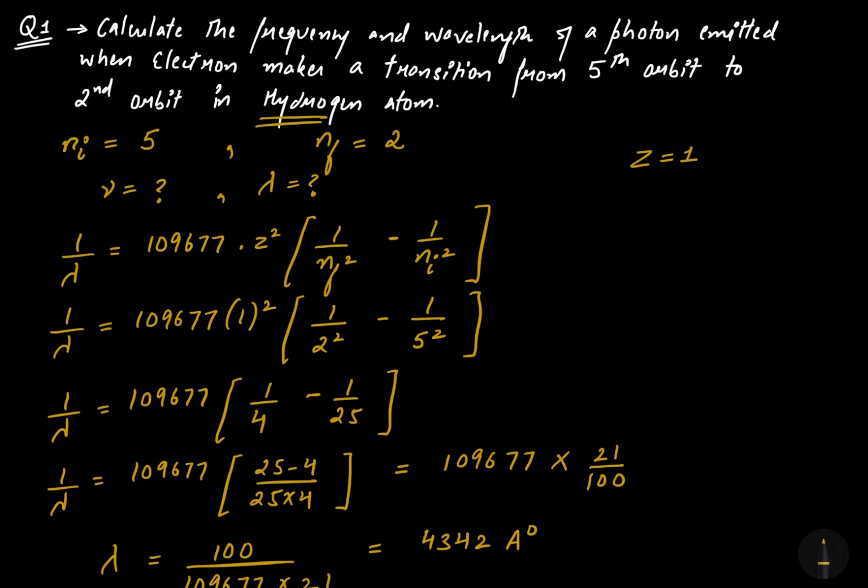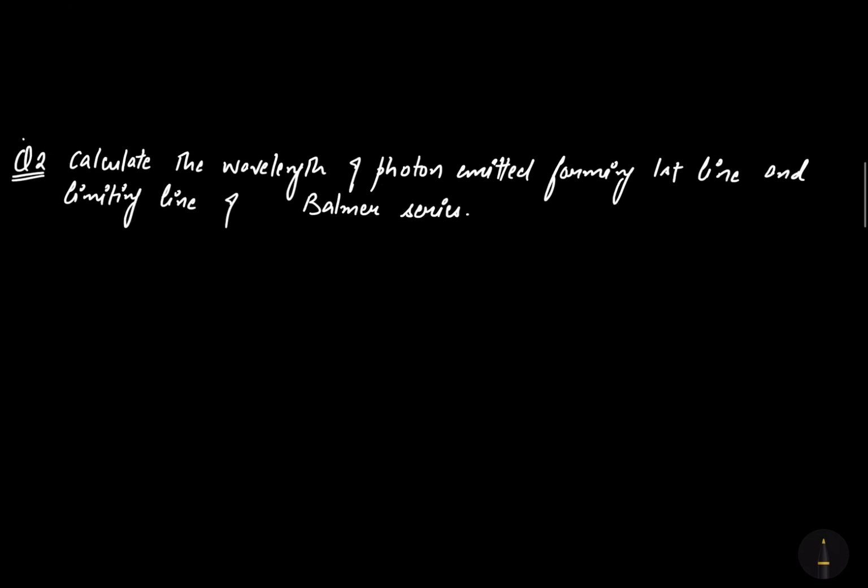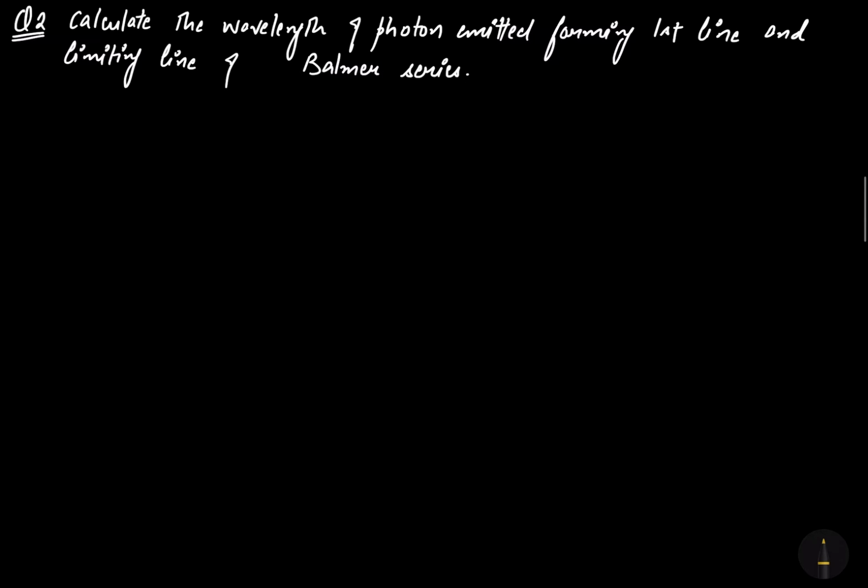So now let's move to the second numerical. The second numerical is saying, calculate the wavelength of photon emitted forming the first line and the limiting line of the Balmer series. Now first of all, the Balmer series.